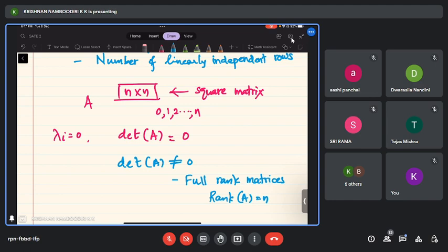Computing the rank has a systematic procedure, the Gaussian elimination method, but that is a very time consuming process. By observing the matrix, at least in the questions that come in the GATE exam, you can tell the rank of the matrix. So you have to be very careful while seeing the questions.